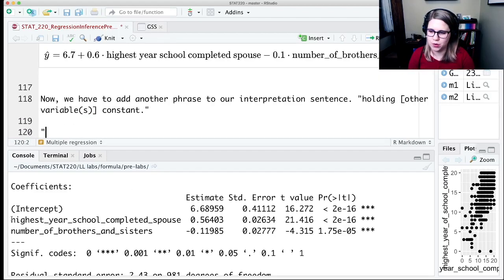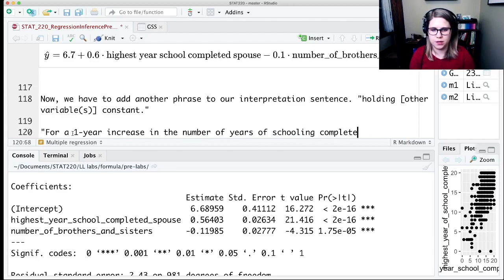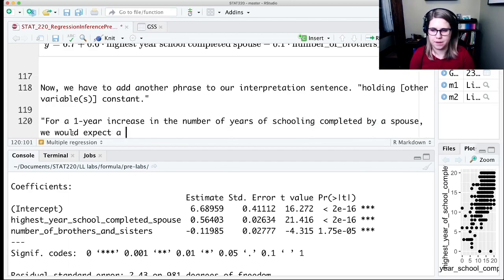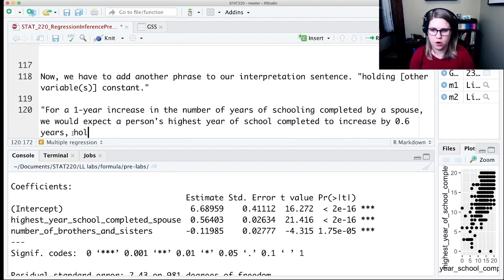So we're going to interpret the highest year school completed spouse slope first. So I'm going to say, for a 1 year increase in the number of years of schooling completed by a spouse, we would expect a person's highest year of school completed to increase by 0.6 years, holding the number of brothers and sisters constant.